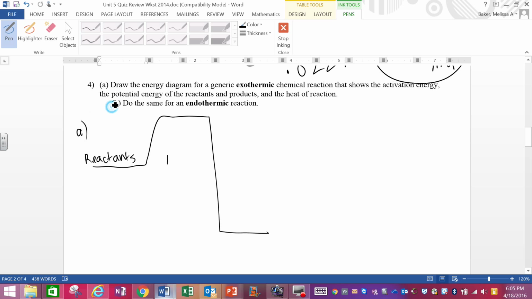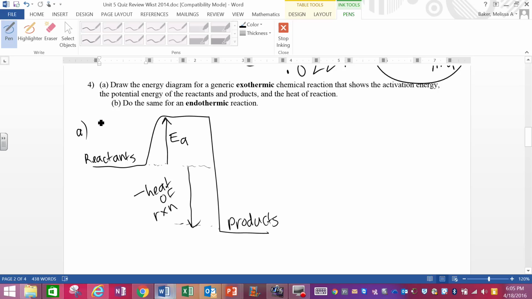The energy from the reactants to get to the transition state, the top of the roller coaster, is here. Here are my products. And the heat of the reaction is the difference between the reactants and the products. That's called the heat of reaction, ΔH rxn for short, and it's negative when it's an exothermic reaction.